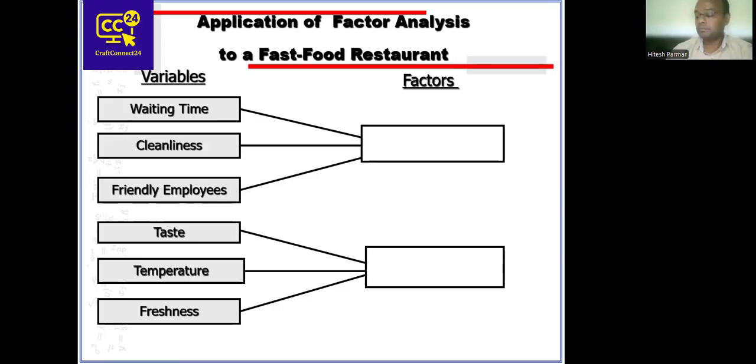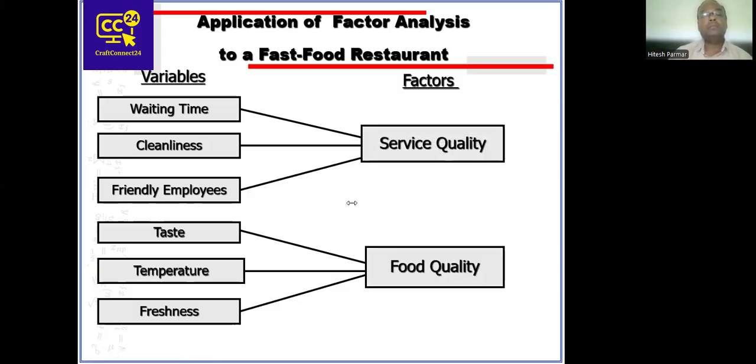Sir, quality of services and quality of food. Quality of the services. Okay. Sir, customer satisfaction. Customer satisfaction, quality of the services, fine. I have given food quality and service quality.